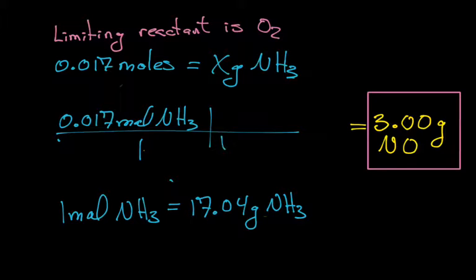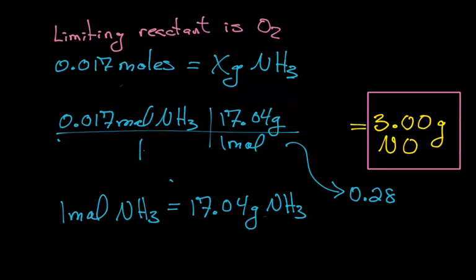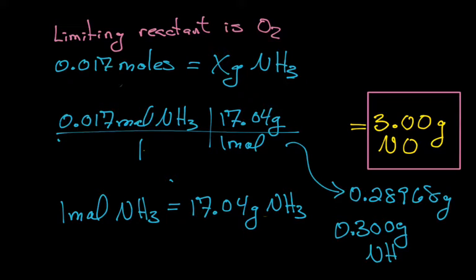We will put 1 mole on the bottom and 17.04 grams on the top. And when we multiply, we get 0.28968 grams. We only need 3 sig figs, so 0.300 grams NH3. Okay, we're almost done.